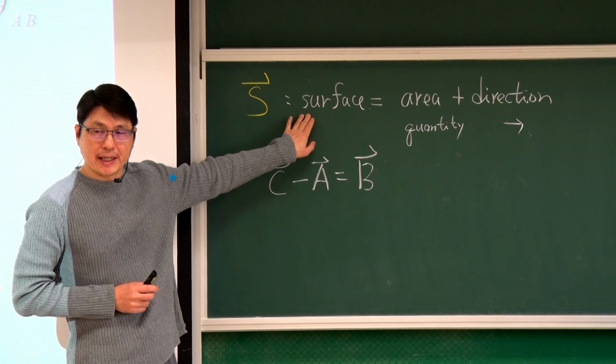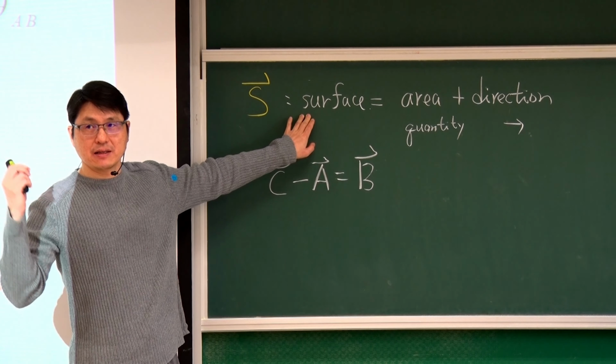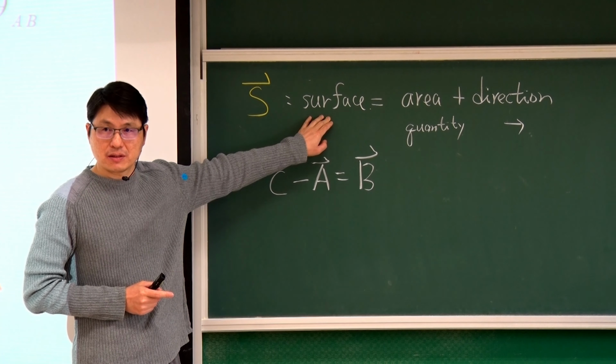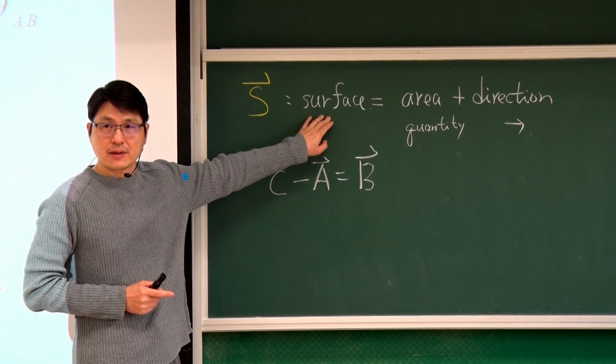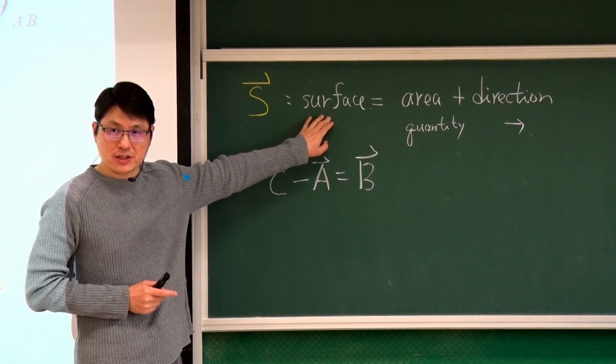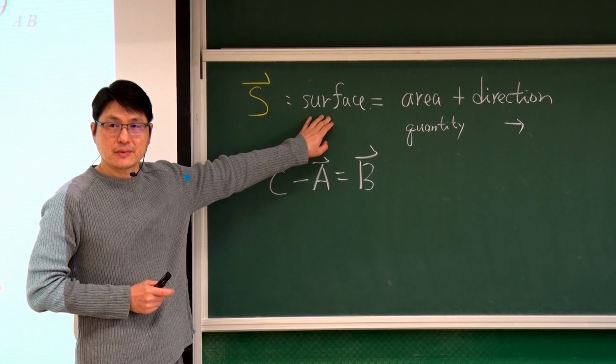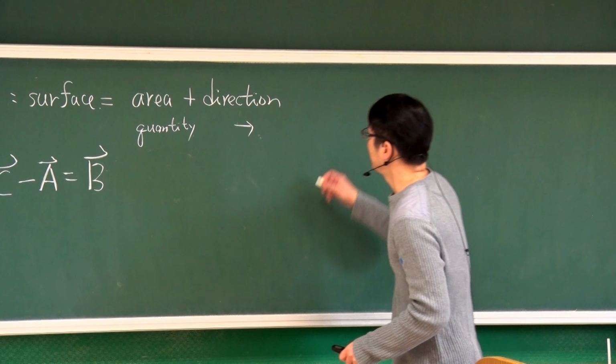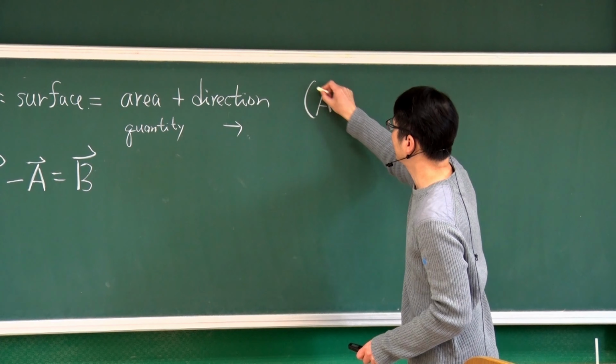The main point for this class and this PowerPoint is to let you know that a surface in vector calculus is a vector. So a surface is very related to A cross B.